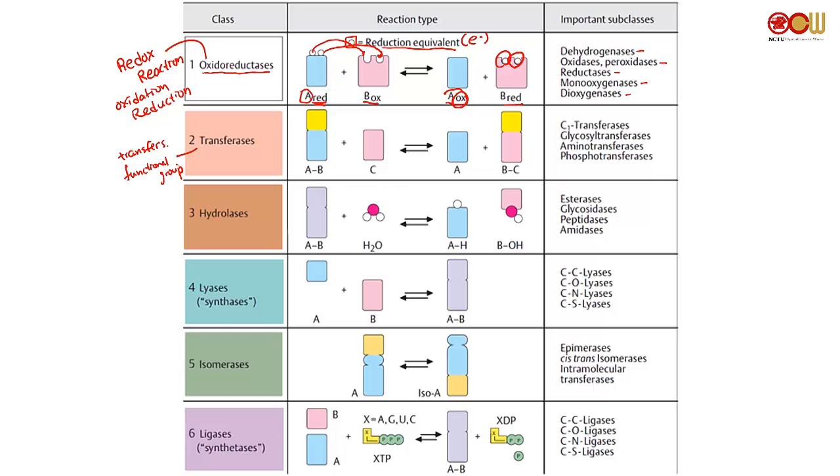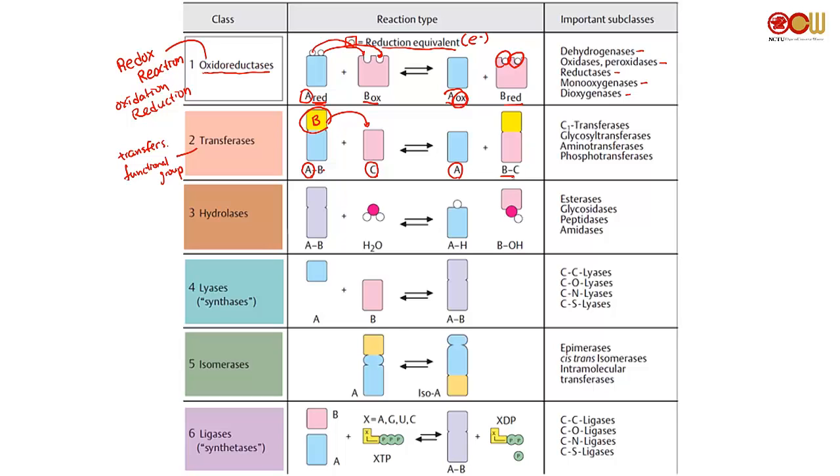In a pictorial view, you have A and you have C, and then B, which is like a functional group, like an acetyl group, for example. Transferases will transfer B from A to C, so that at the end, what you get as a product is A by itself and then BC.